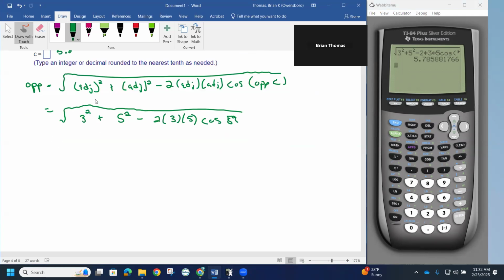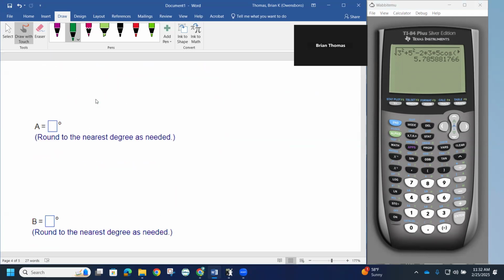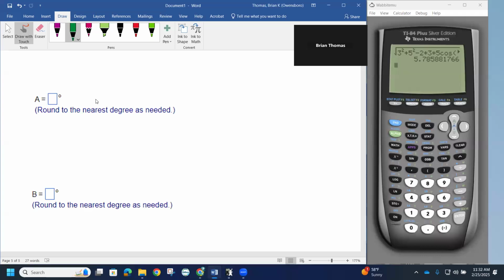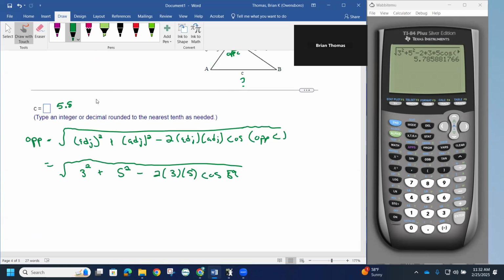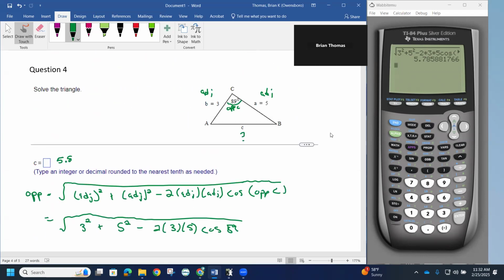So the next thing they want us to do is find angle A. Well, to find angle A, notice now we do know the opposite side here. We said this opposite side was 5.8. So I could now switch over to the law of sines because we do know an angle and its opposite side. So if I want to find angle A, I do have its opposite side.